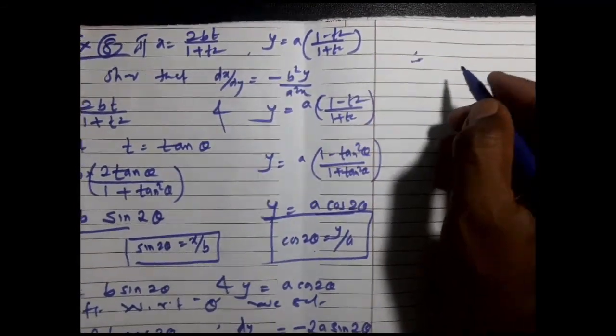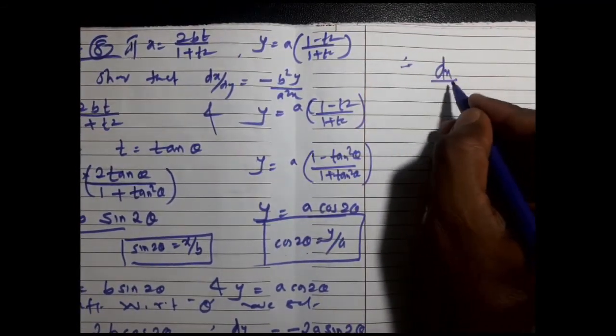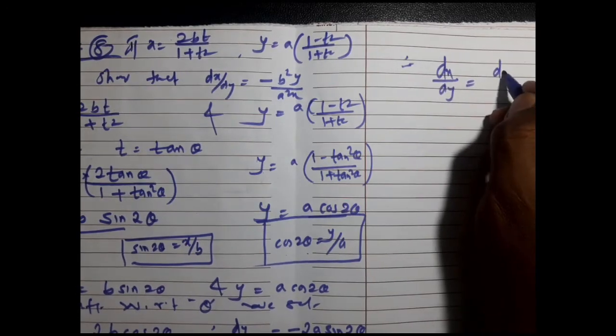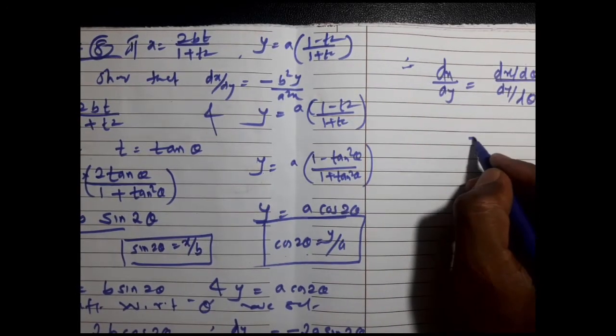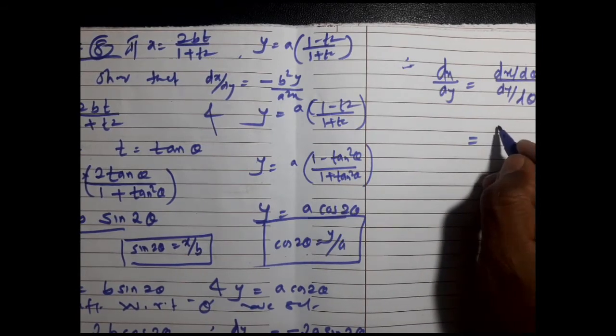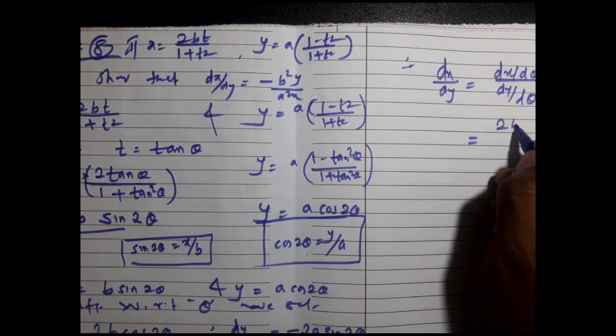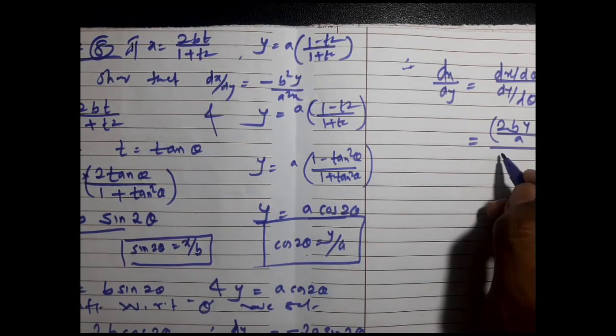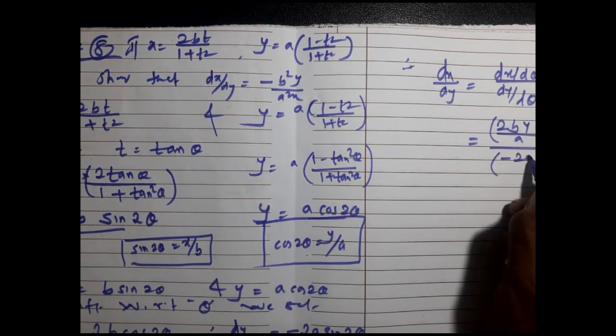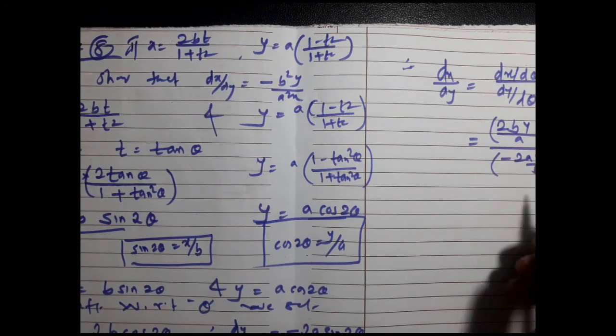Therefore, dx by dy is dx by d theta upon dy by d theta. What is dx by d theta? 2b y upon a divided by minus 2a x upon b.